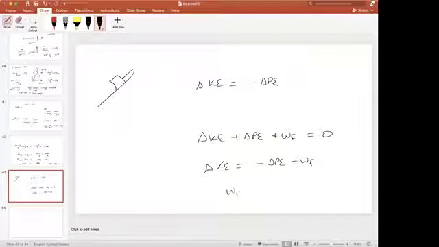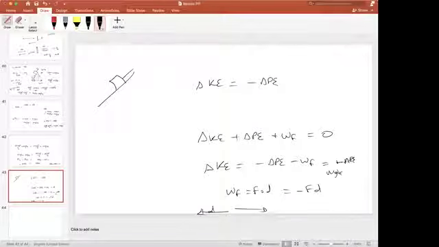And the work of this force is F dot D. The force is pulling up, D is going down. That means this is negative FD for this force. And we get that this is negative delta PE, or mgh initial minus mgh final, or B minus A, minus FD.